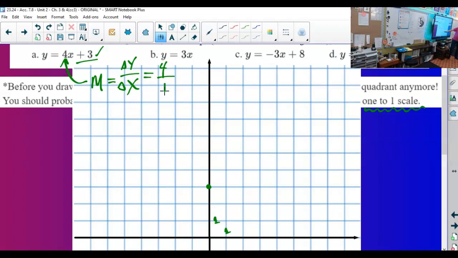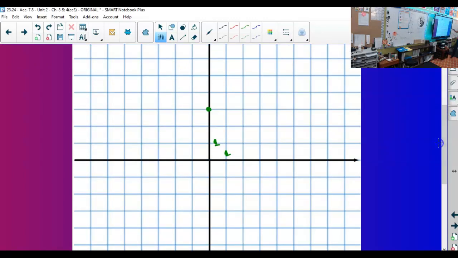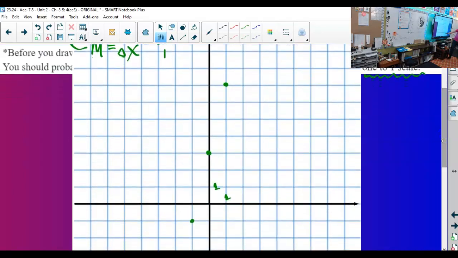So that's telling me to go up 4, go over 1, and drop a new point. I could also do the opposite and go down 4 over 1 and drop a point. But either way, like Hannah said, now that we've got multiple points, we can connect.